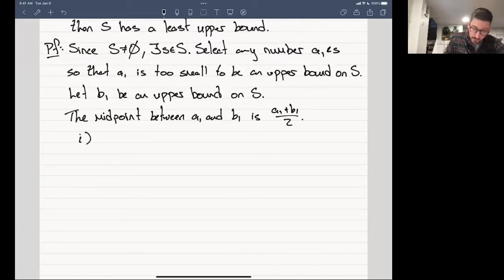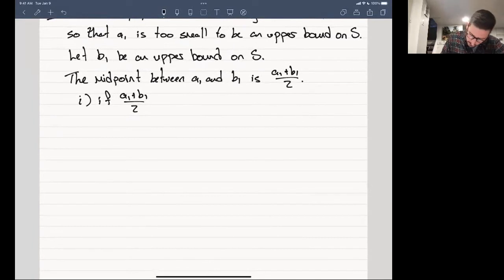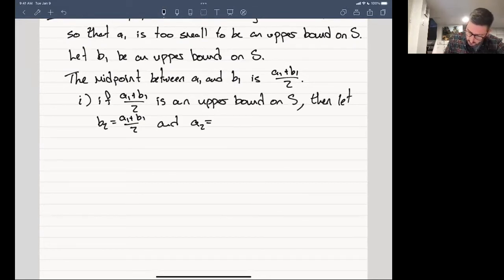Case 1: if the midpoint is an upper bound on S, then we found a new upper bound that's smaller than B1. So we're going to call this B2. Let B2 equal (A1 plus B1) over 2, and let A2 be the old A1.